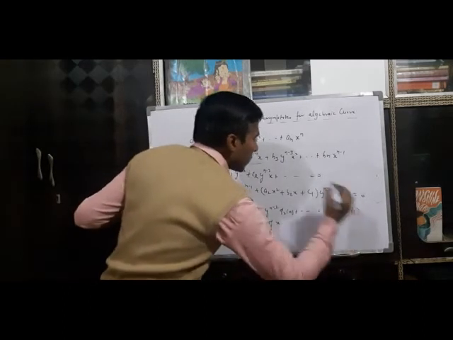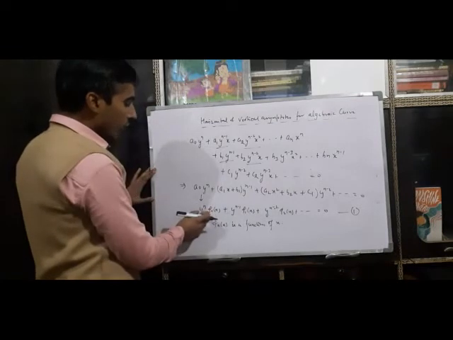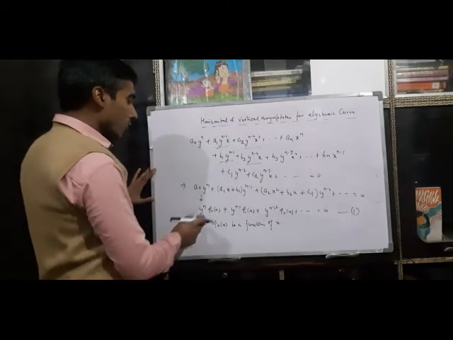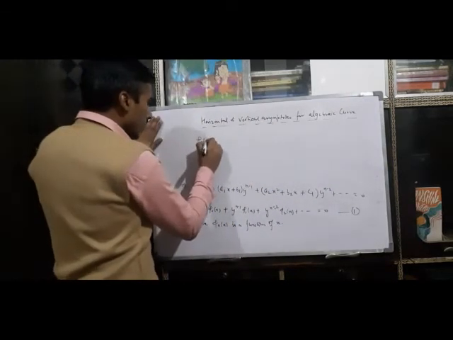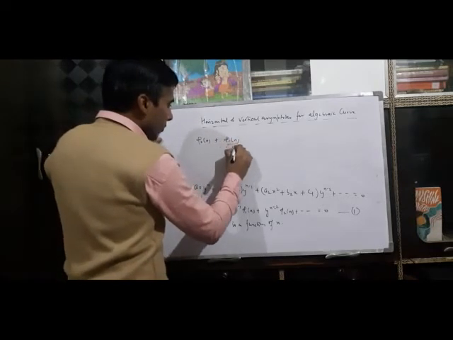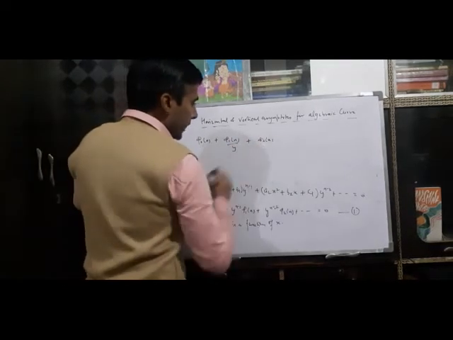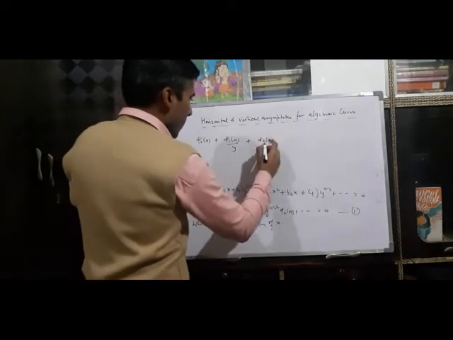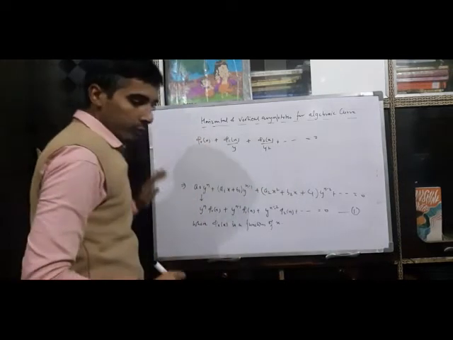Denote this by 1. Now divide equation 1 on both sides by y raised to power n, or you can take y^n as common, so we can rewrite it as phi0(x) plus phi1(x)/y plus phi2(x)/y square, and so on, equal to 0.